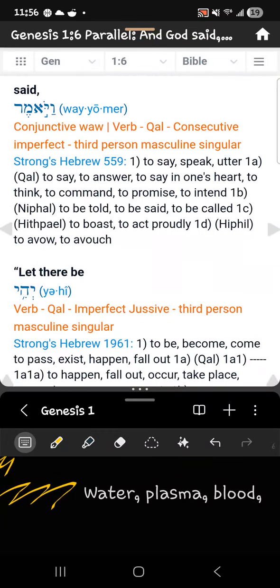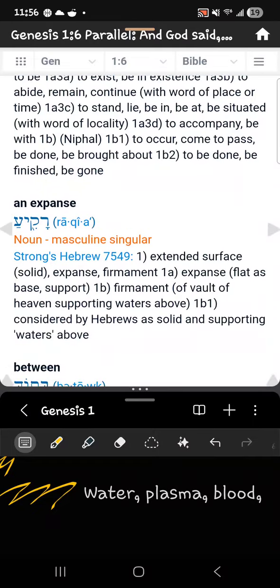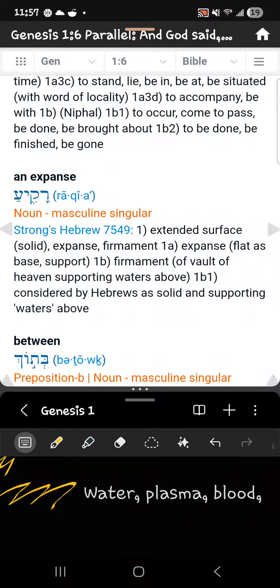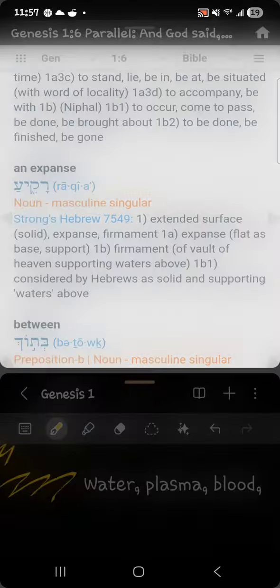Then Allah Hayam said, Yahai raqayya'a. Let there be an expanse, an extended surface. What happens to the stomach? Does it extend? Who knows? Ra, head, qa. Let me do this up here real quick, because I perform better on this, I believe.